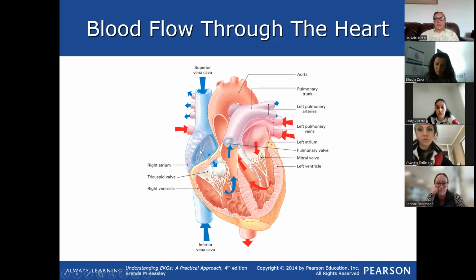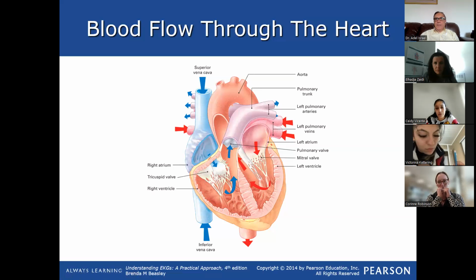This is the first chamber, we call the right atrium. Then we have the second chamber, we call the right ventricle. Then the blood goes to the lung and comes back from the lung through the pulmonary veins, going to the left atrium.